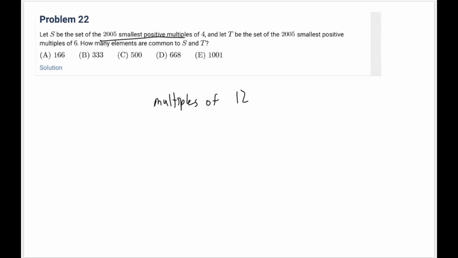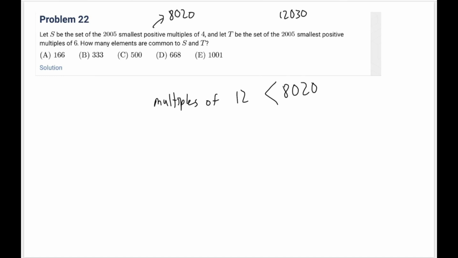And then of the 2005 smallest positive multiples of 4, it can go up to 8020, and 2005 times 6 can go up to 12030, right? So its maximum value is 8020 since it's the smaller number, and so this has to be smaller than 8020. This is a 0, by the way.